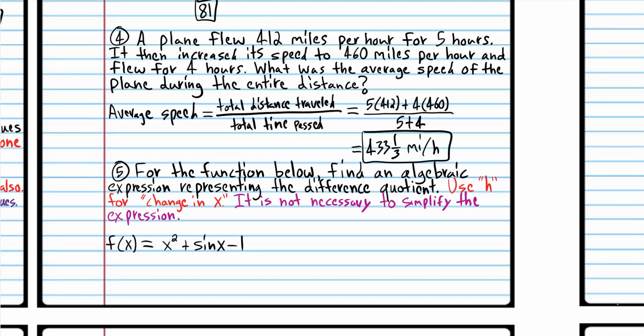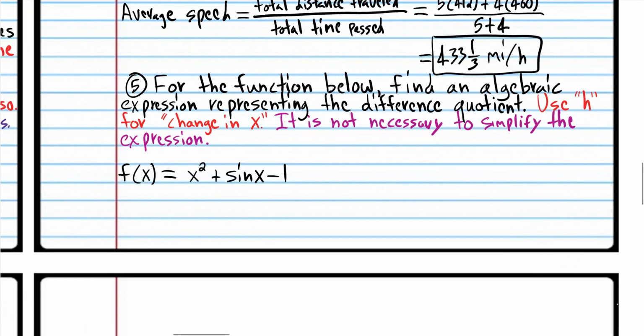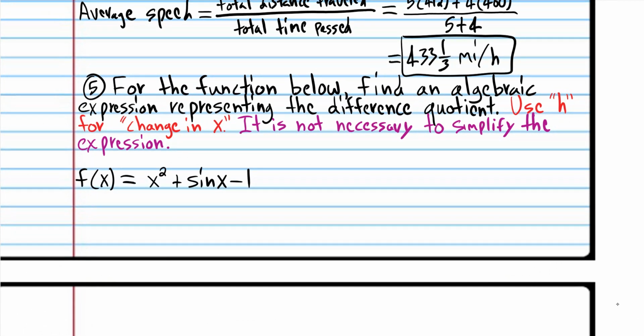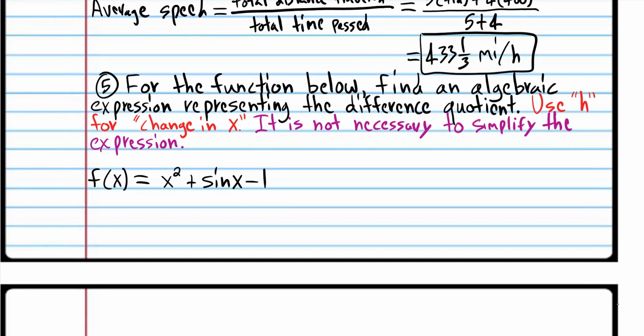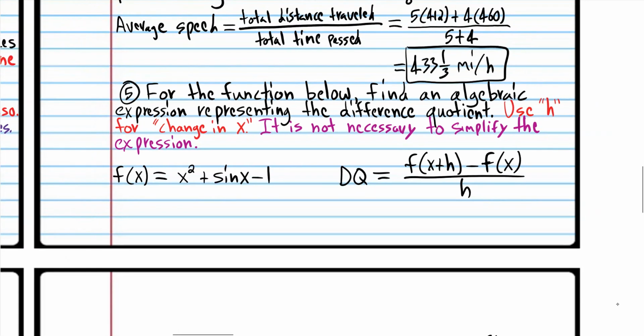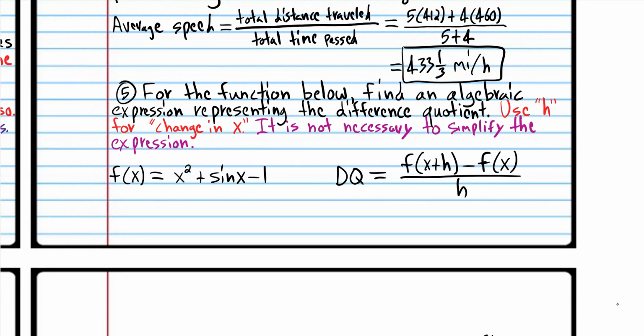Okay, we're back. So you're going to need to remember for the exam what the difference quotient is. The difference quotient is f of x plus h minus f of x over h. You need to remember that. Now, I know you're going to say, well, how in the world am I going to remember this?